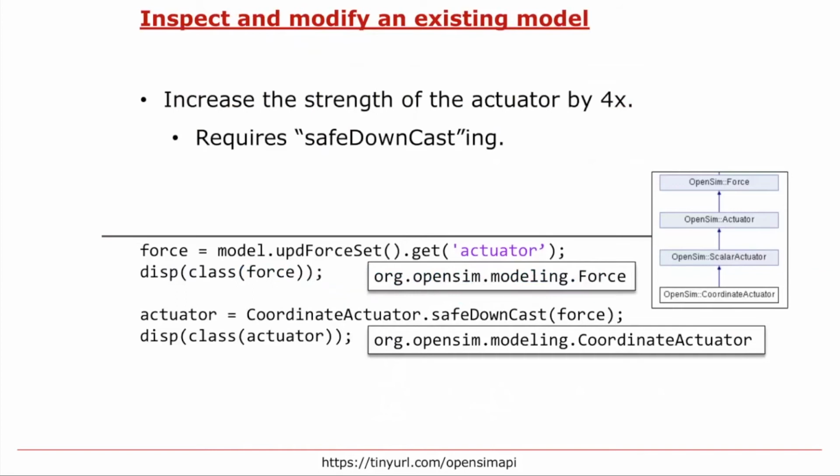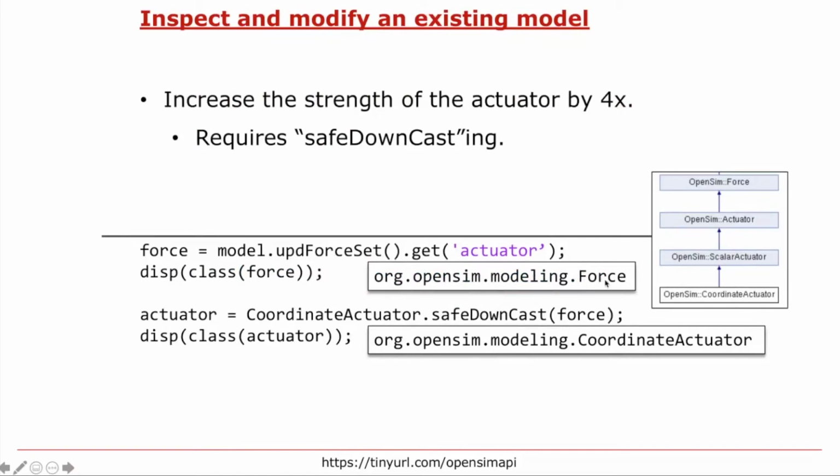The need for safe downcast is partially due to a limitation in C++. This function, updForceSet and the function get on the ForceSet, in C++, since it's a statically typed language, this function has to return a Force object.